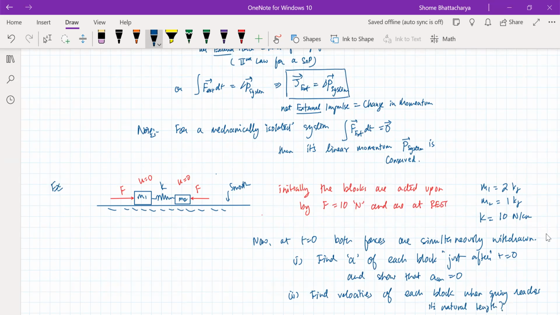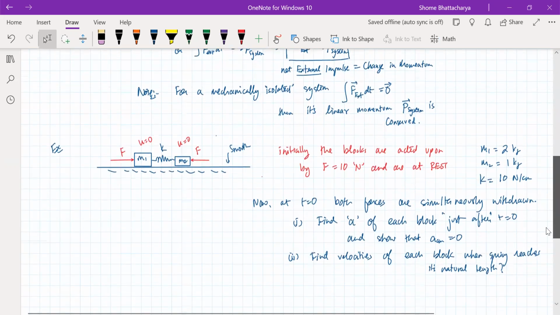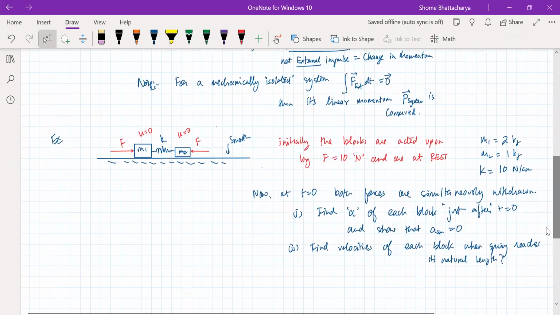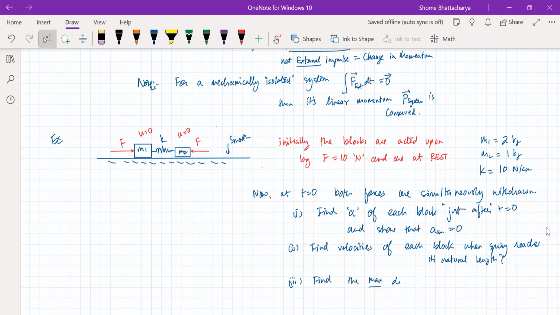And third, find the maximum displacement of each block, assuming the spring is attached to them.